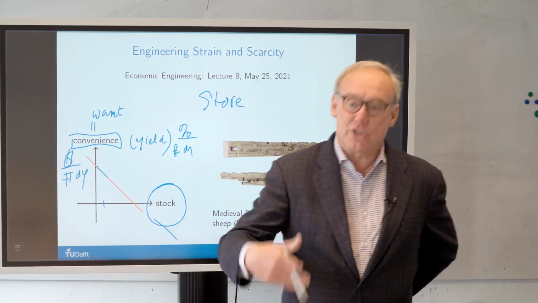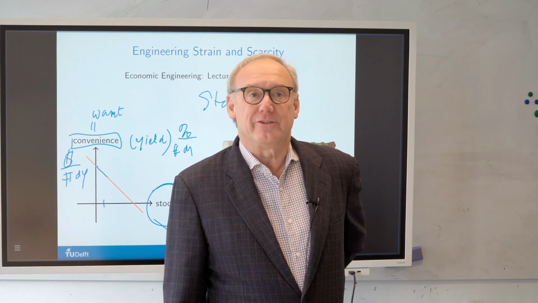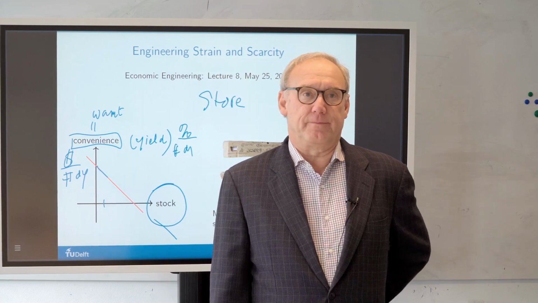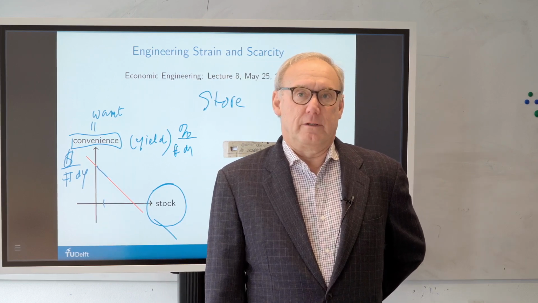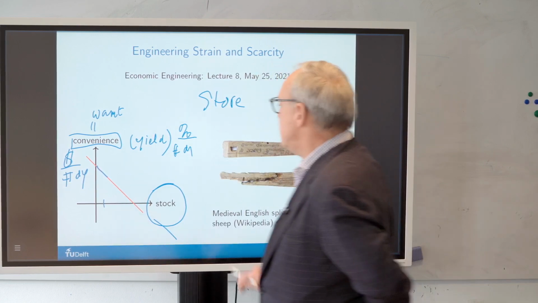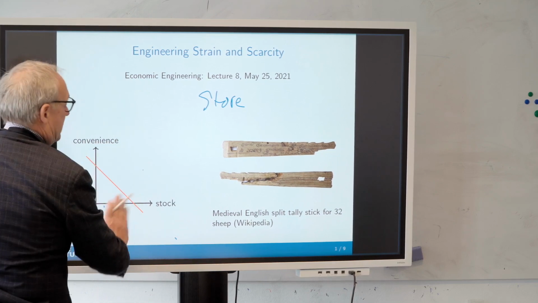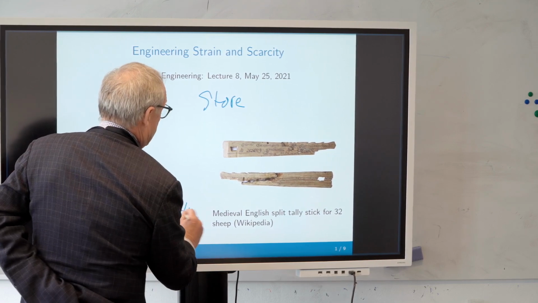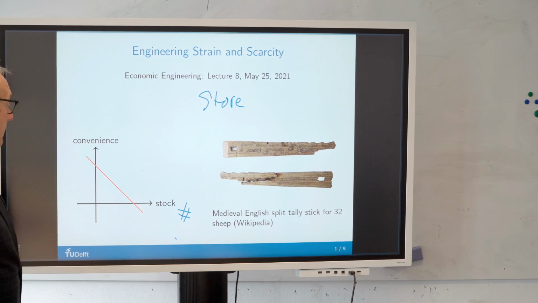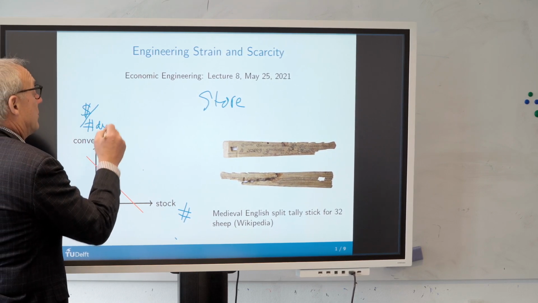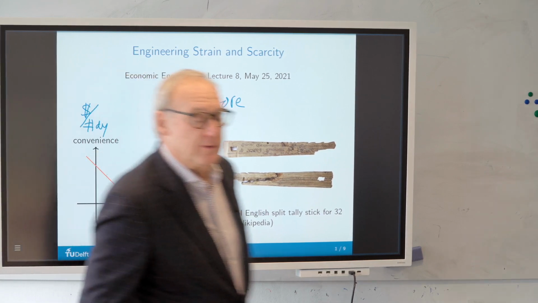Which is a store for your convenience to go get the flour, because the stupid thing is closed, right? All right? So here we see a nice relationship between the amount you have in storage and the convenience that it yields to you, which is how much you want to have that amount in storage.